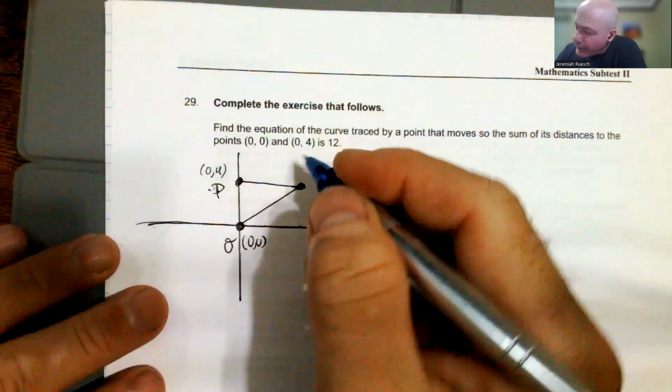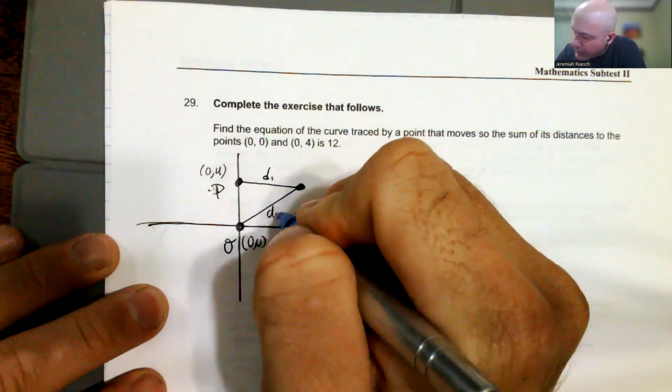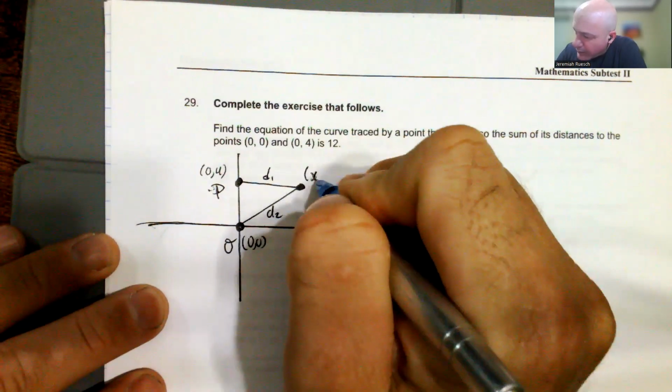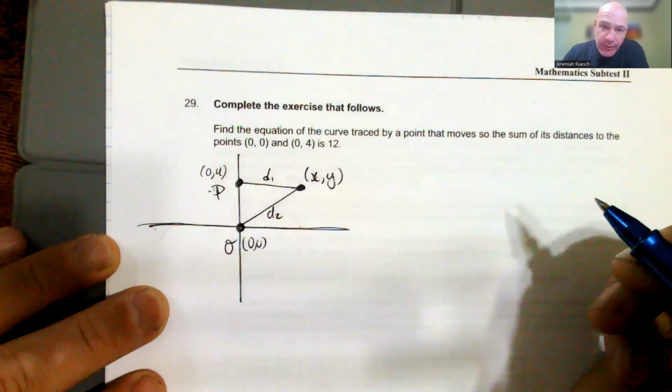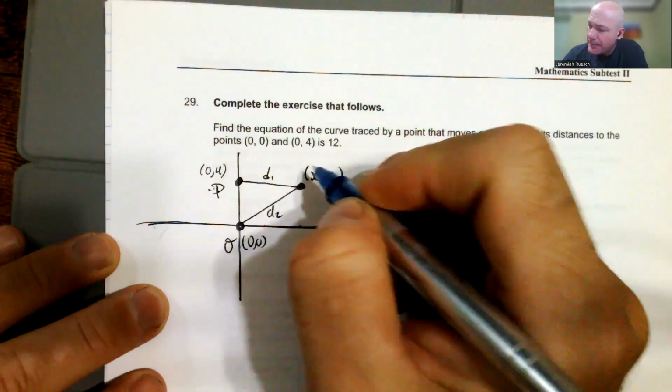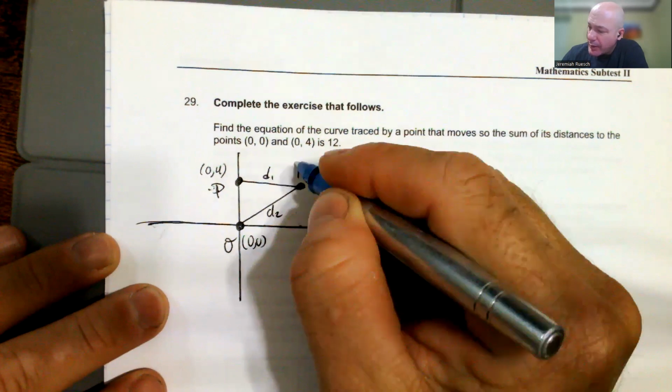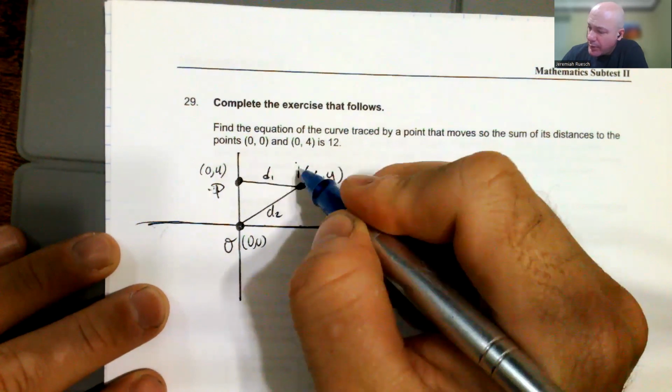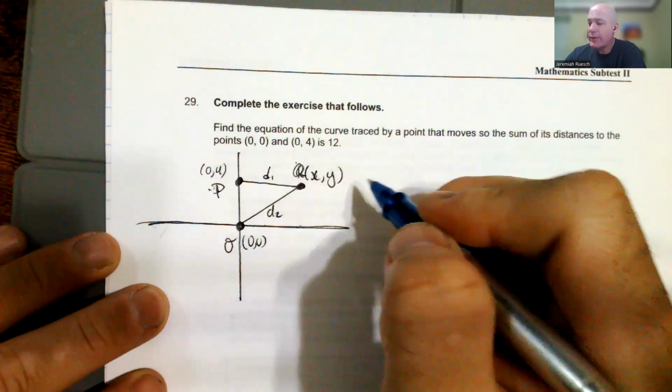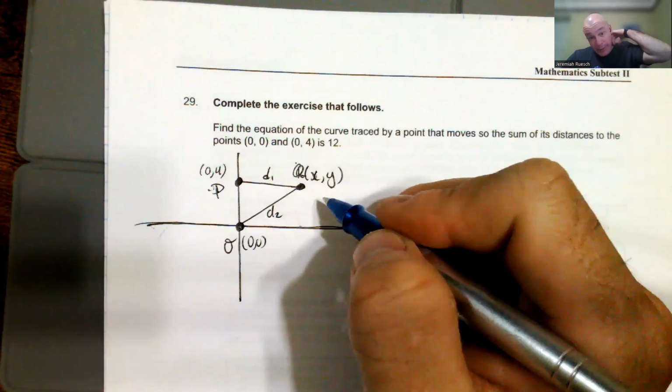If I call this D1 and this one D2, this point has values X, Y. Call it my point Q. So Q has the coordinates X, Y.